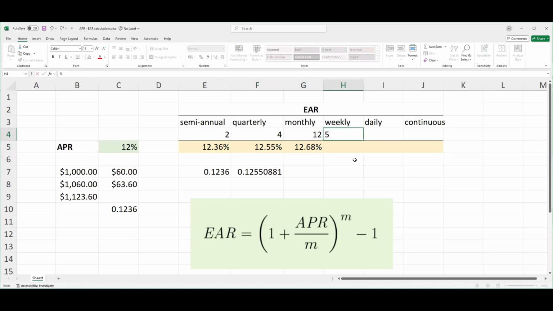How about weekly compounding? We have 52 weeks in a year, or 365 days in a year as well. With weekly compounding, 12% compounded weekly translates into an effective annual rate of 12.73%. And for daily compounding, we've got 12.75%. And finally, I've got something called continuous here.